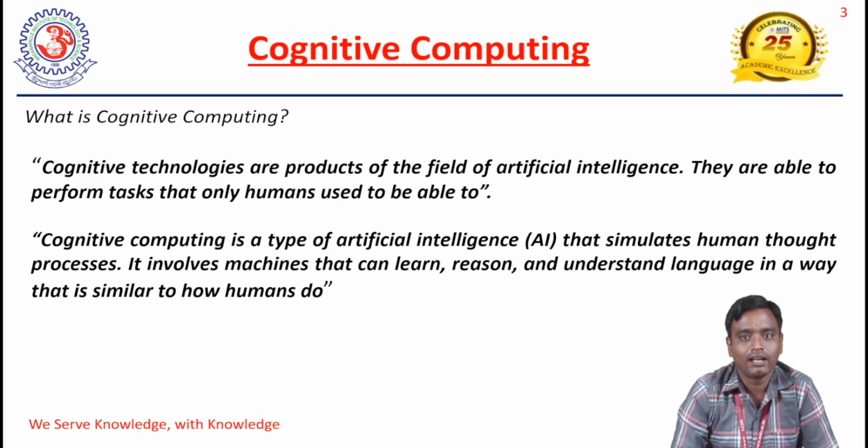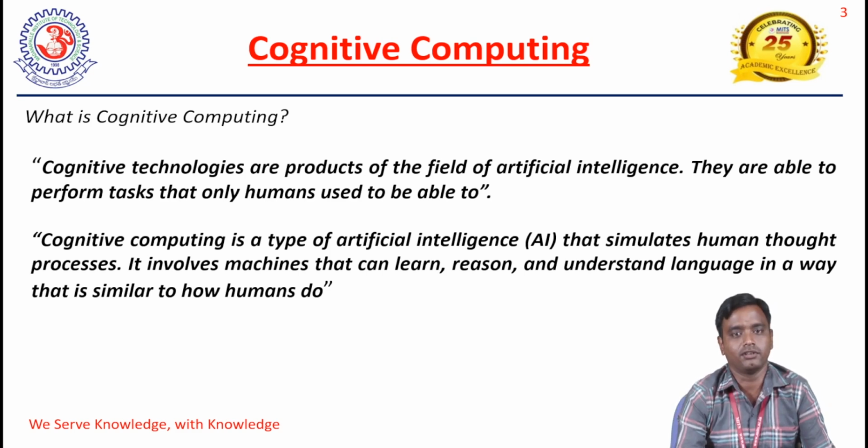So it is not a different one, or a kind of robot, but it can understand, learn, and reason, and manipulate in the way a human can. So this is the definition of cognitive computing.